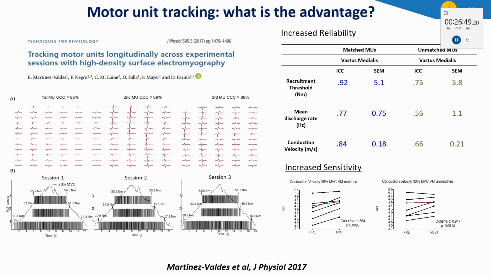And we could observe that when we used the tracked motor units, we had a much larger effect size, okay, on these changes in motor unit conduction velocity pre-post sessions compared to the classic averaging approach when you just average one pool of motor units pre and post interventions. So that's one of the advantages of using this analysis.